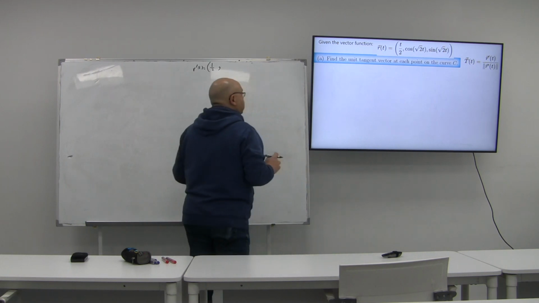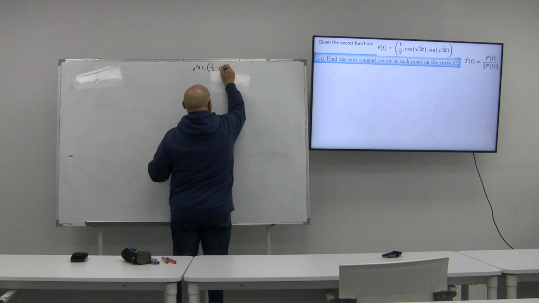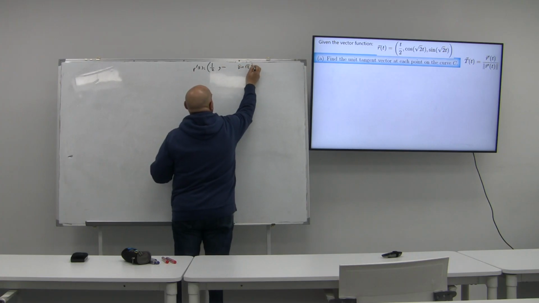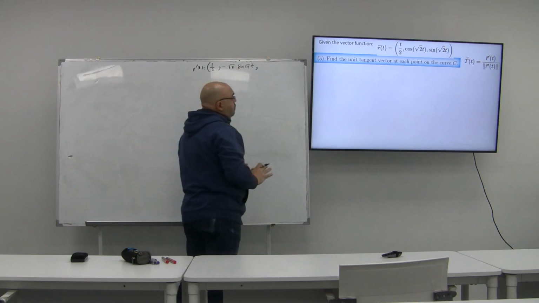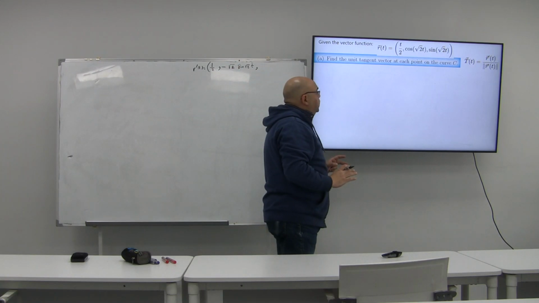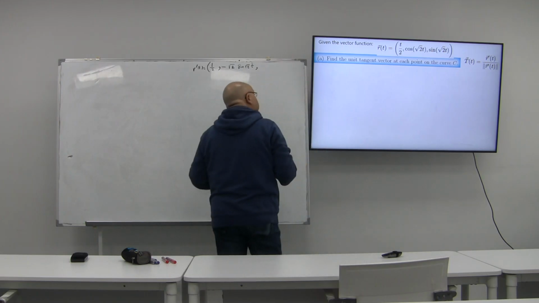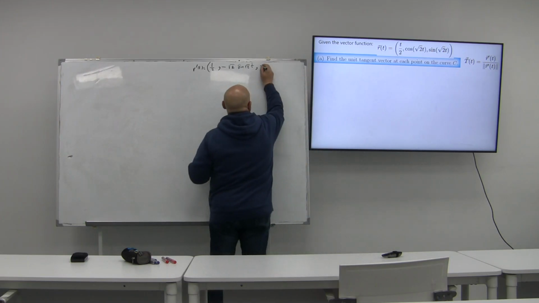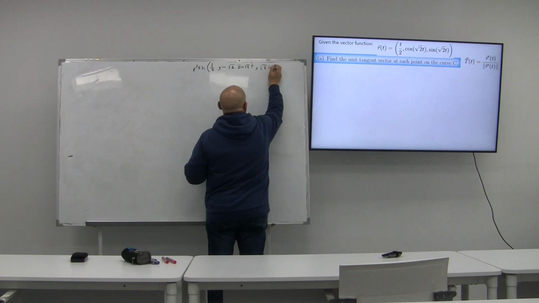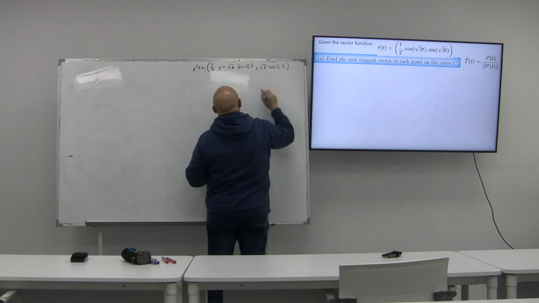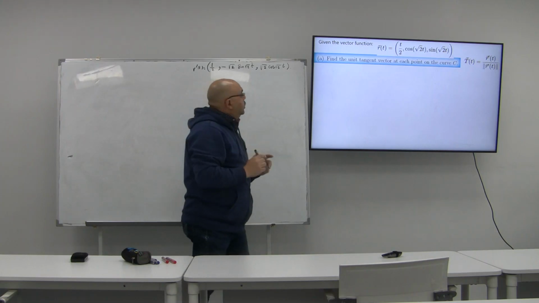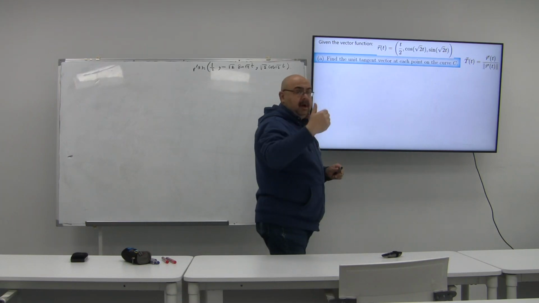Cosine root 2 of t, once you start differentiating, is going to be a negative sine root 2 t over 2 times root 2. And for the last component, differentiating sine root 2 of t gives root 2 times cosine root 2 of t, and this is r dash. So now I got r dash.